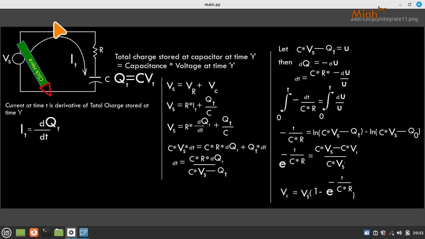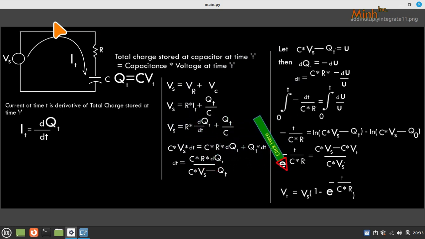So if I have a voltage source and it is an RC circuit, then I have Q equal to CV. And with the voltage source, it is resistance voltage and capacitance voltage. If I(t) is the current flowing at any time t, then R into I(t) and Q(t) by C. We proceed, and finally we come to dt by CR equal to dq by (CVs minus Q(t)).